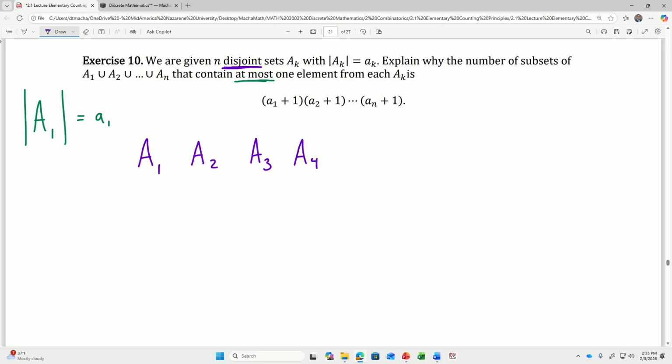If I were to take the union of all of these, that gives me a new set. We could just call that capital A for the union of all of those sets. Suppose, for example, n is equal to 4, then this would be the case.